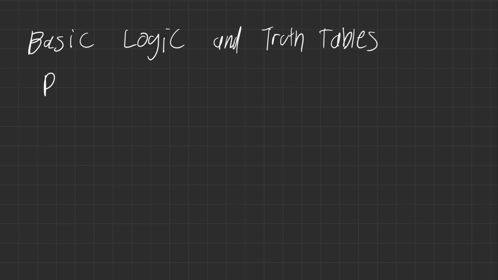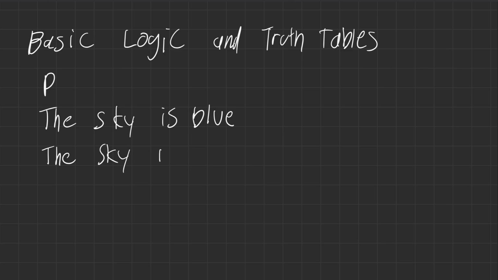Let's say the statement P is something like, the sky is blue. Great. Now, if I say the sky is, and this is something very unnatural, let's say it's green.